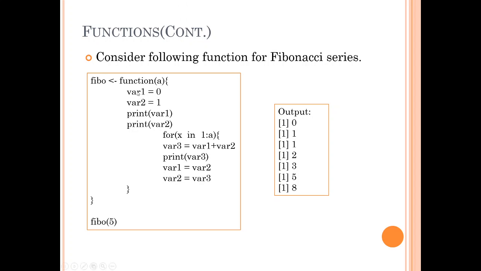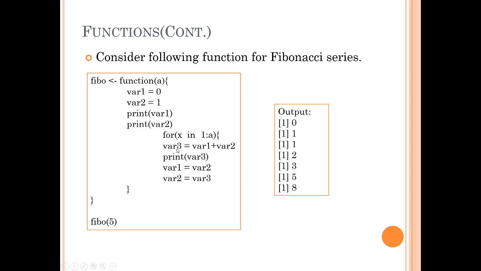But the body of the function says that there will exist two variables, var1 and var2, with their initial values as 0 and 1. We'll be printing those values. Then we are calling a for loop, and we are running that for loop from 1 to whichever value of a that will be provided.